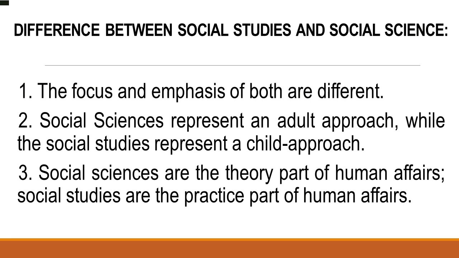Third, social sciences are the theory part of human affairs. Social studies are the practice part of human affairs. Social science are large bodies of organized and authentic knowledge representing human affairs, while social studies gives an insight into various aspects of man and society.